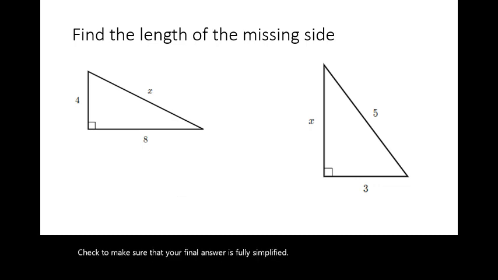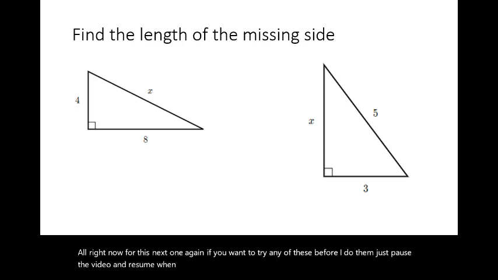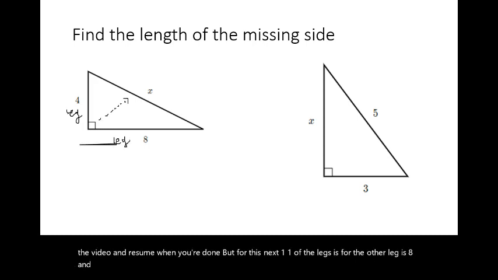All right, now for this next one, again, if you want to try any of these before I do them, just pause the video and resume when you're done. But for this next one, one of the legs is 4, the other leg is 8, and the hypotenuse is actually our missing side.